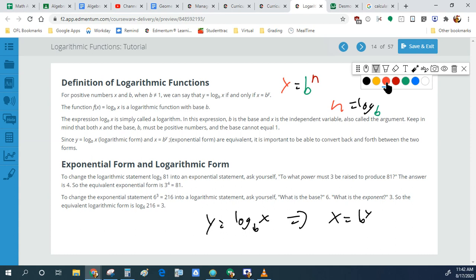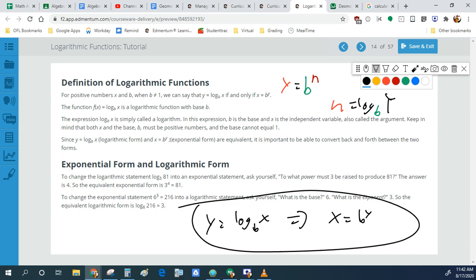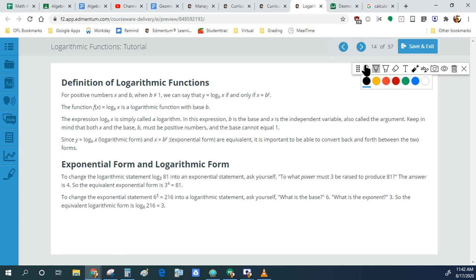Either way, whatever helps you guys remember it, that's great. I personally like this way because you can see that it's the inverse because the x and the y's kind of switch position. But just as long as you remember that, it's really going to help you understand your log functions.